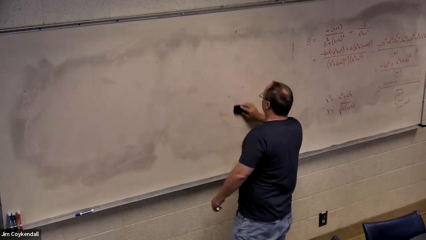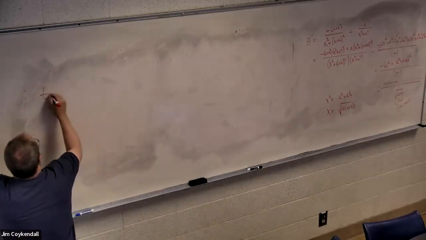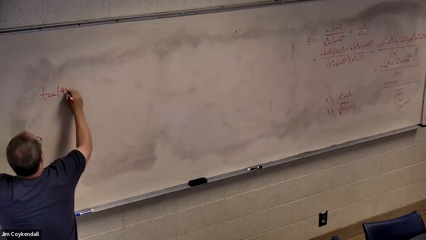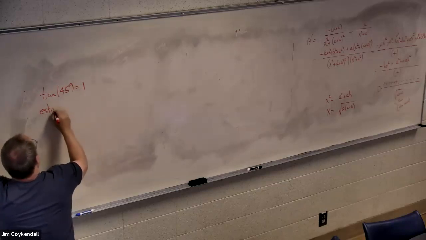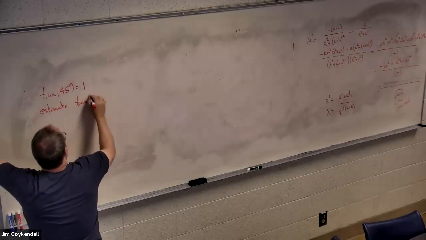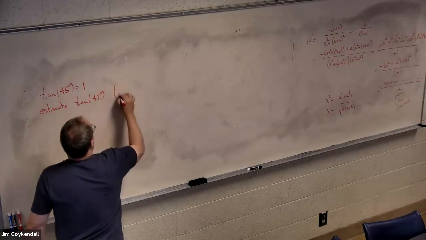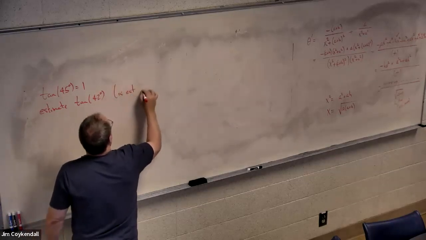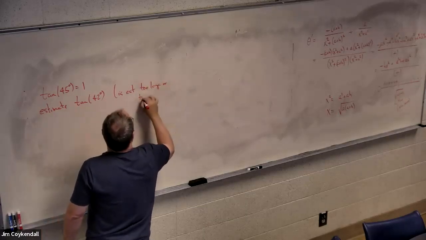So I'll kind of capture the essence up here. Tangent of 45 degrees is equal to 1. Estimate using differentials or linear approximations tangent 42 degrees. Is the estimate too large or too small?